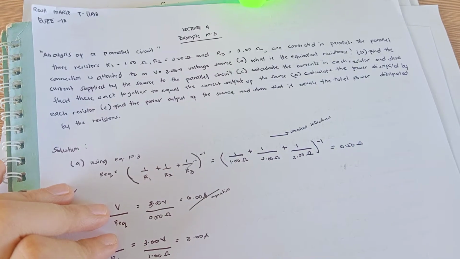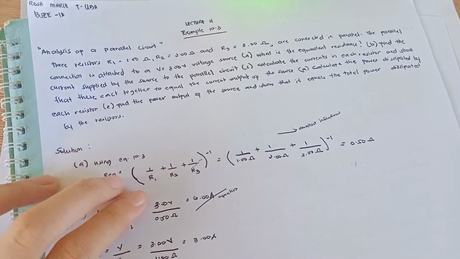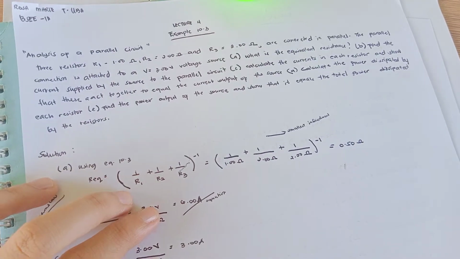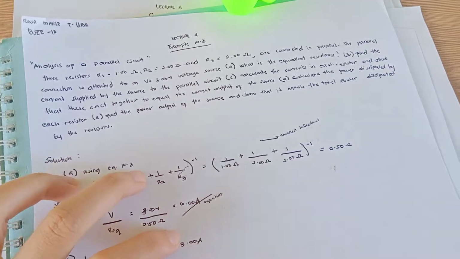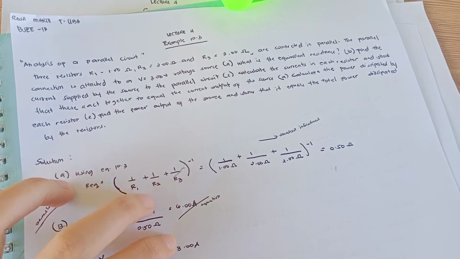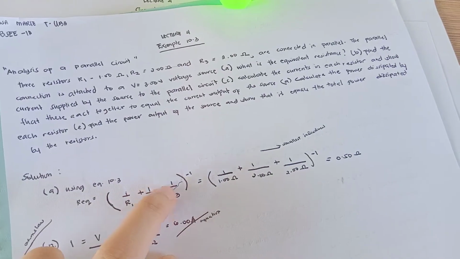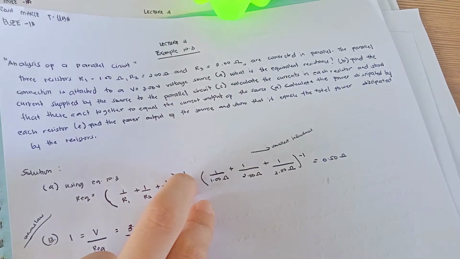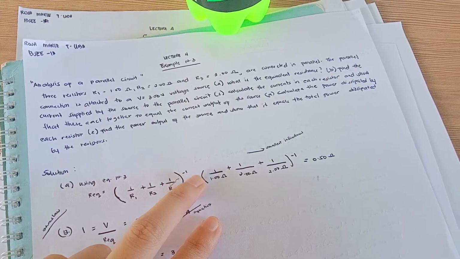So, for three resistors, use either REQ equals 1 over R1 for the first resistor, plus 1 over R2 for the second resistor, plus 1 over R3 for the third, all raised to the power of negative 1.